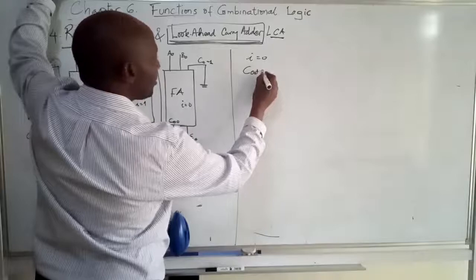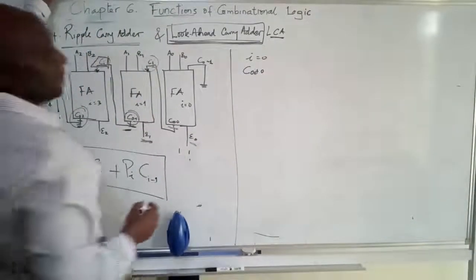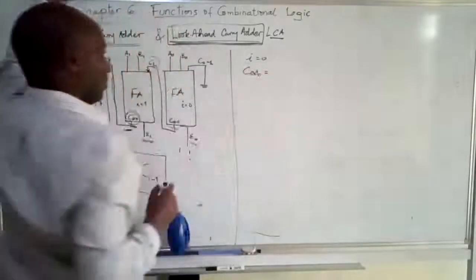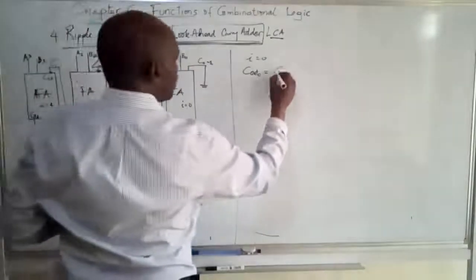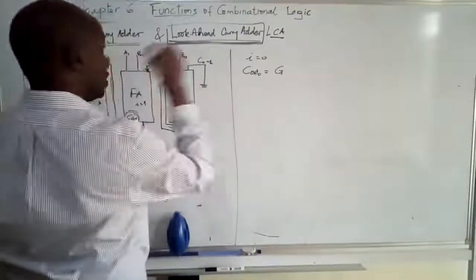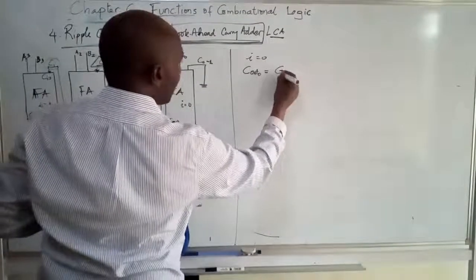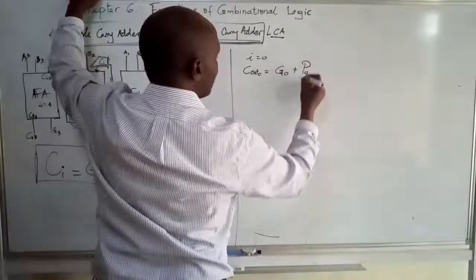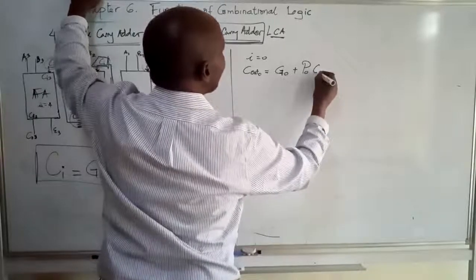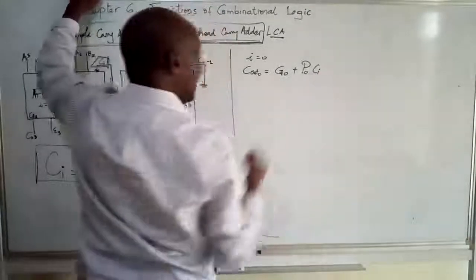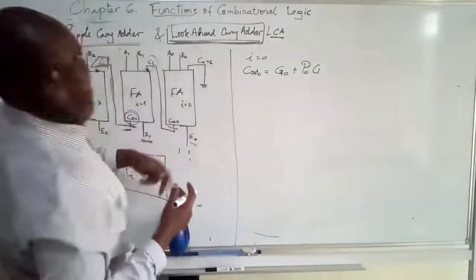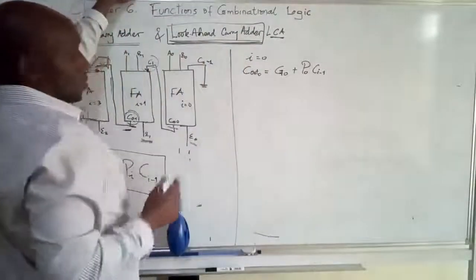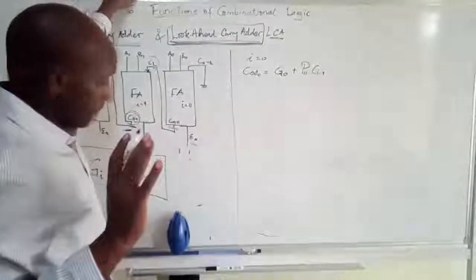C out 0 will be equal to G0, because i is equal to 0, plus P0, and the carry in of the previous one, minus 1.